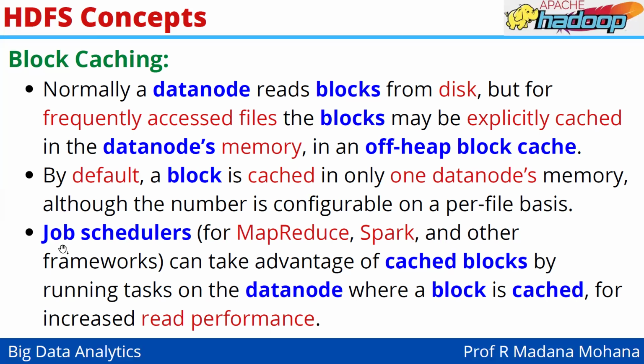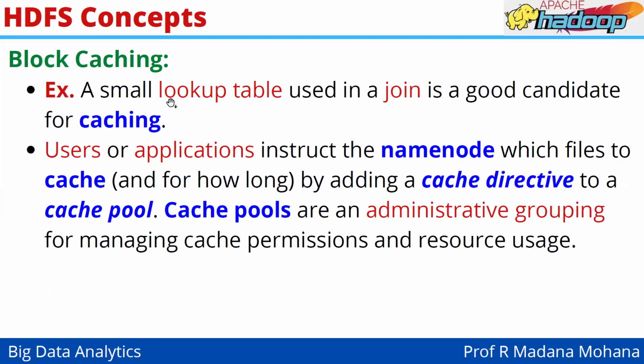Job schedulers for MapReduce, Spark, and other frameworks can take advantage of cached blocks by running tasks on the data node where a block is cached, for increased read performance. For example, a small lookup table used in a join is a good candidate for caching.